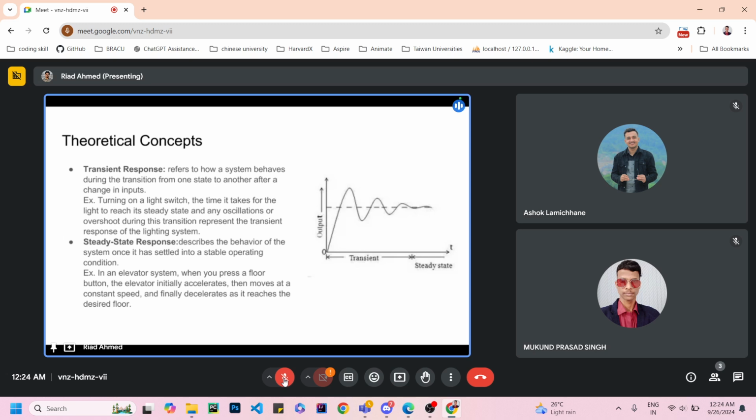Now, as I have already told you, the system will not jump to the required value at the first step. It will take some time to get stable. So let's say you have set your 5 radian per second and your system will start rotating. At first the rotational speed will be zero, and then it will increase.